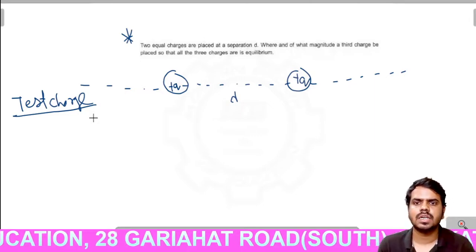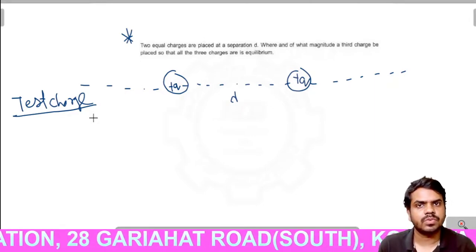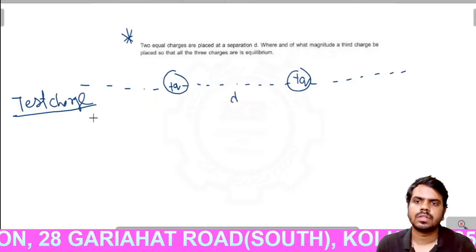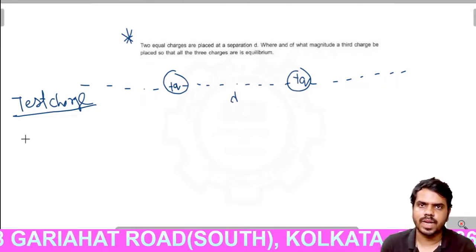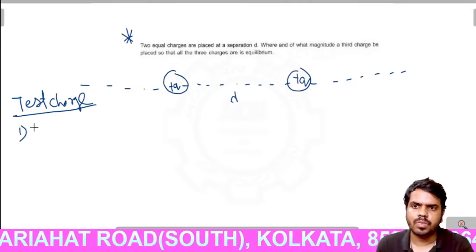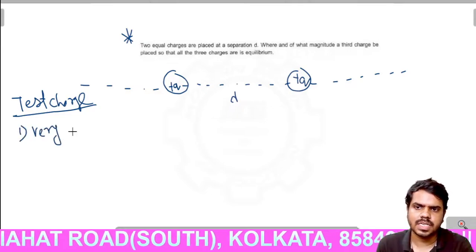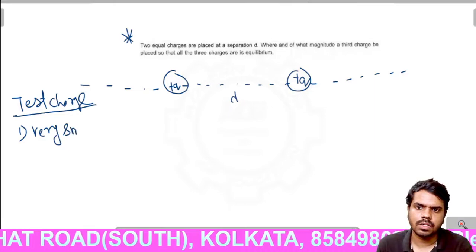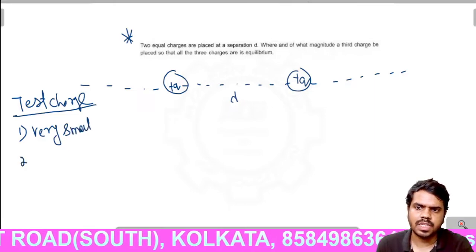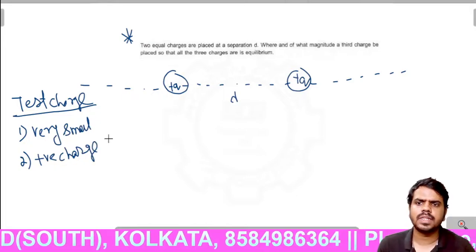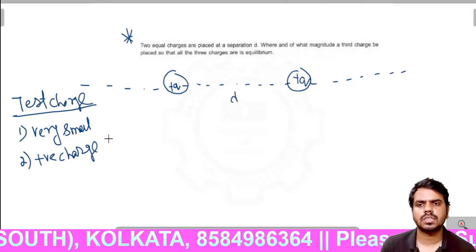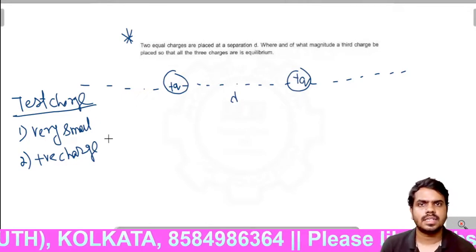So the value of a test charge is always positive. The properties of a test charge are that it is a very small and positive charge. Who told me this? No one told me. It is an assumption.